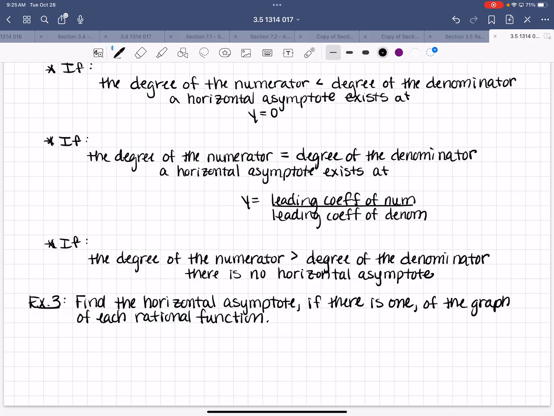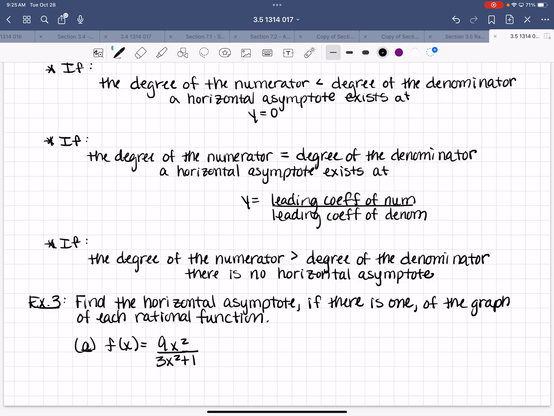Okay, A. I have f of x equals 9x squared over 3x squared plus 1.